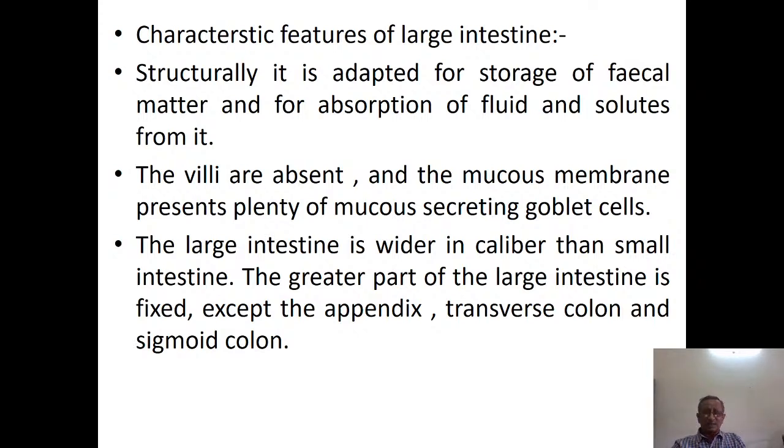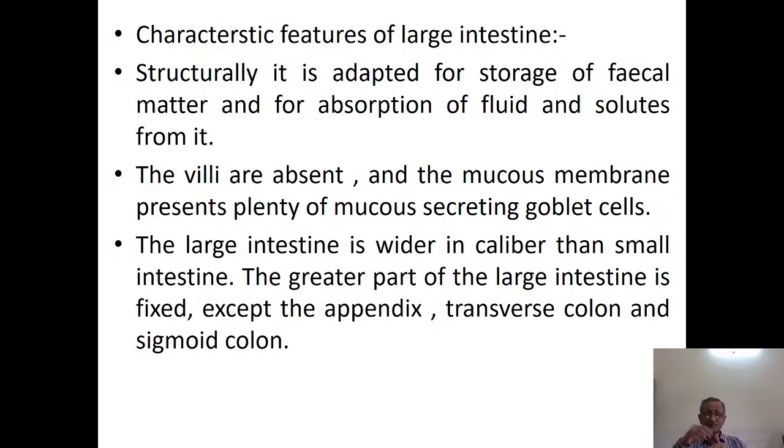Now villi are absent here. The mucous membrane presents plenty of mucus secreting glands. Villi being absent means the surface area of the large intestine is not much increased. It is as the lumen itself, because in the small intestine we need absorption of more material.